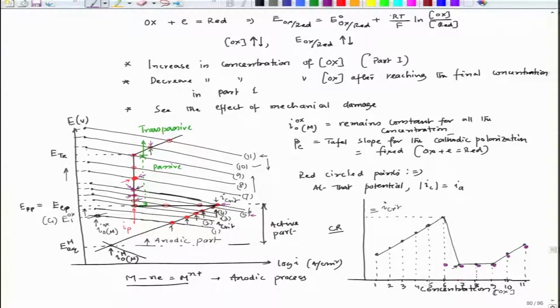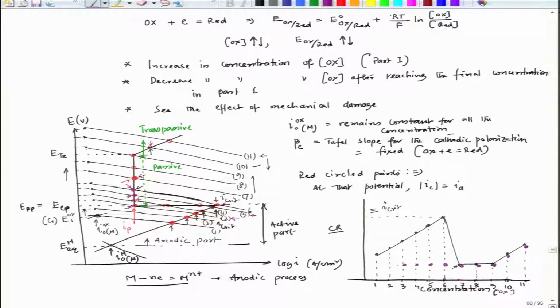If I consider concentration 3, I could see that it is just at the I passive to active transition zone, but it still has a cut point at the I passive section and is not disturbed. So 5 will be here, 4 will be here in the I passive zone, and 3 will also stay here.